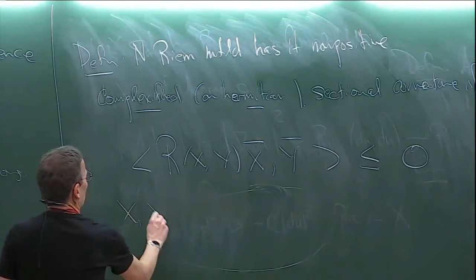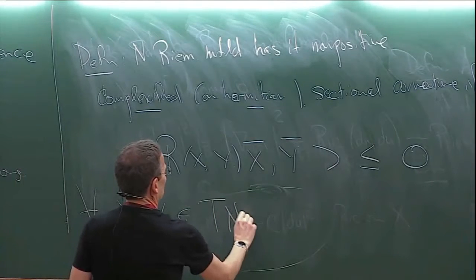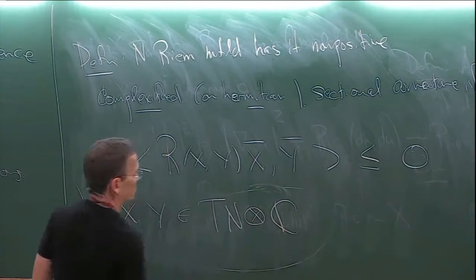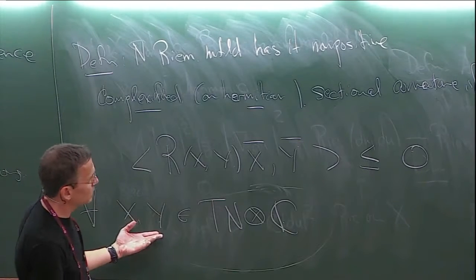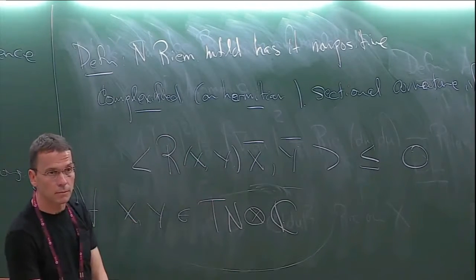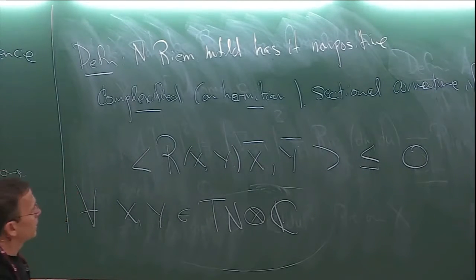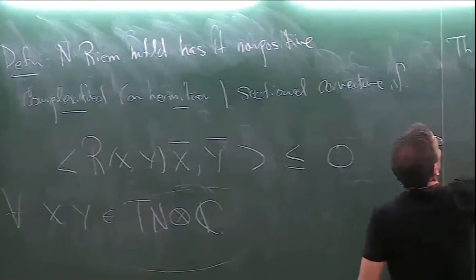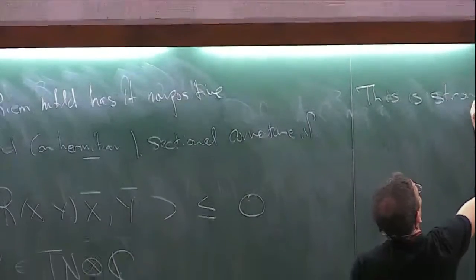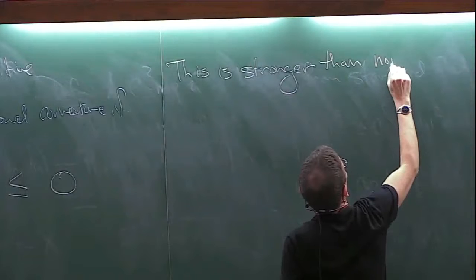Okay, so X and Y are in the complexified tangent bundle. When you take real X and Y, of course this implies non-positive sectional curvature, but it turns out to be a stronger condition in general.